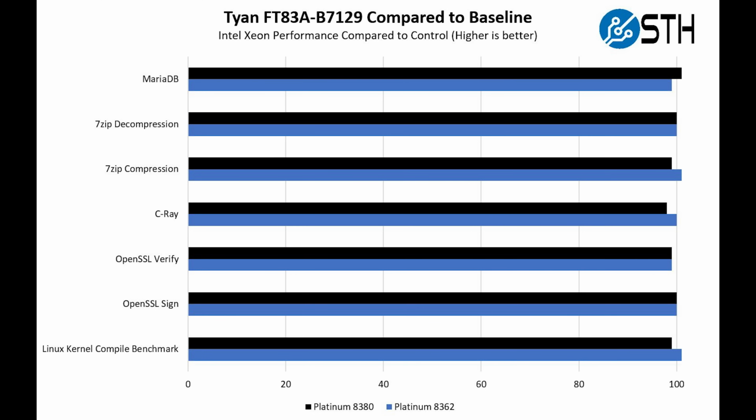Can this cool, and how does it compare to our standard 2U server in terms of performance? What we generally saw was it was pretty close. This was a little bit slower, but it was like 0.5%, which is pretty much what we consider test variation. So I would say this is close enough to our baseline that it's just normal variation, and this can actually cool 270 watt TDP CPUs.